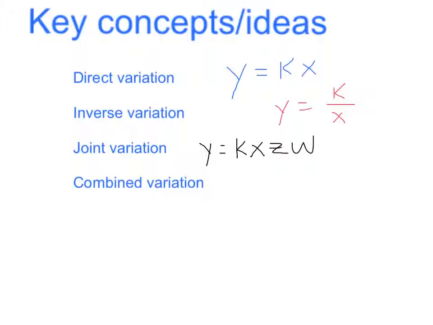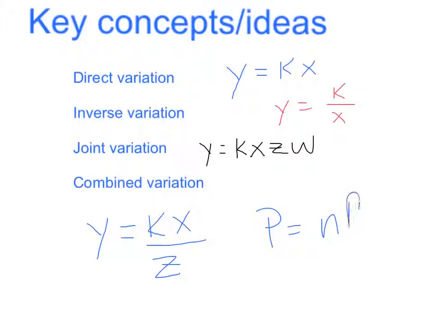Finally, there's combined variation, and combined variation is a combination of direct and inverse, and you could have y equals kx over z, and we saw that in the equation P equals, what was it, nRT over v, except I think instead of r we used k.